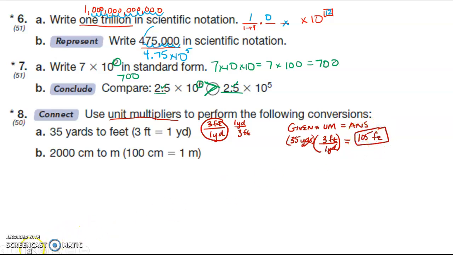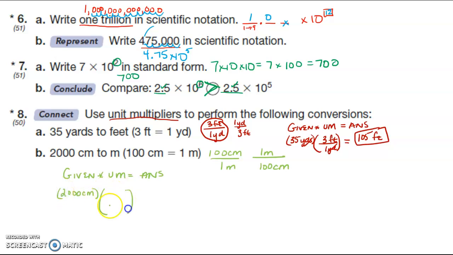And that's my answer. Let me go ahead and grab a different color. Here I have 2,000 centimeters to meters. And I have 100 centimeters is equal to 1 meter. You can also do it with 1 meter over 100 centimeters. Using the given times the unit multiplier equals the answer. I'm given 2,000 centimeters.